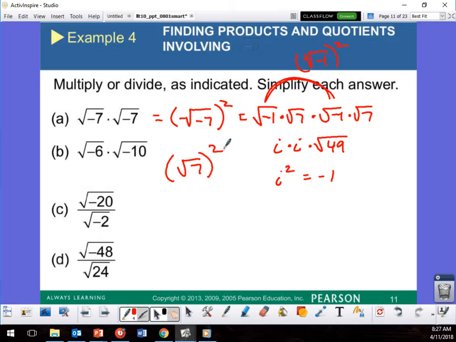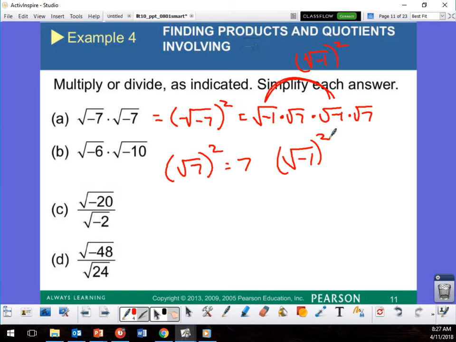But I'm just going back and saying, okay, this right here. Do you agree that when I square a square root, the radical goes away? Yeah. This just gives me 7. Okay, so let's do this now. The other piece would be the square root of negative 1 squared.